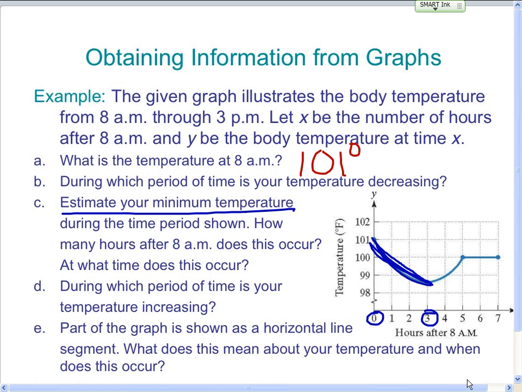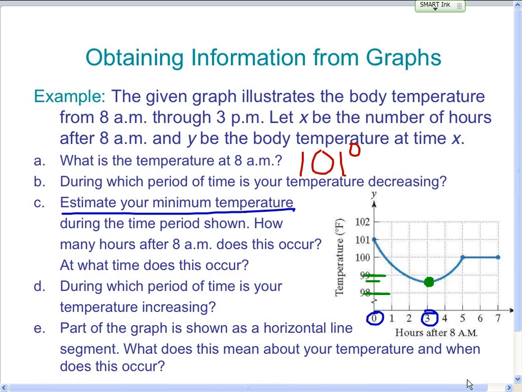Estimate your minimum temperature. Minimum temperature means the lowest. So if we look at our graph, we need the lowest point, which would be right here. I would guess here's 98, here's 99. It's a little bit more than halfway.